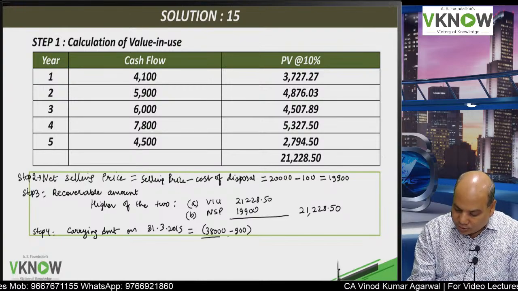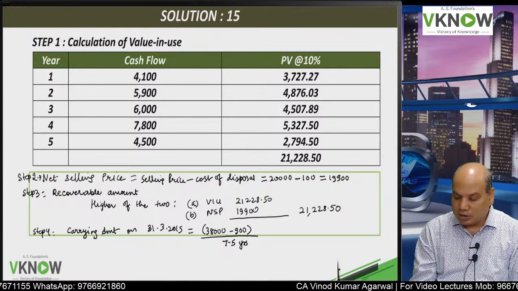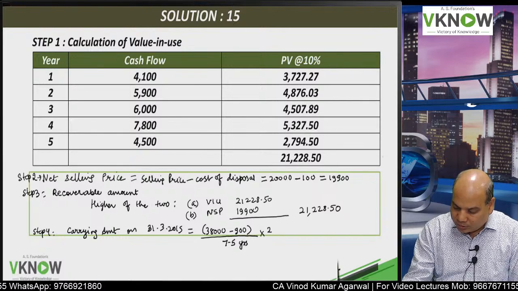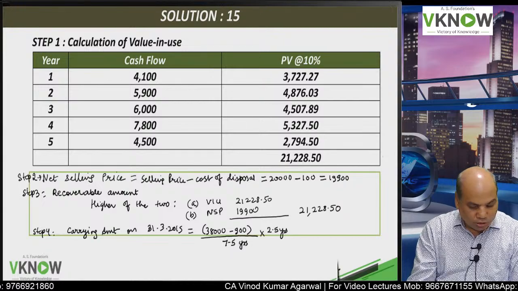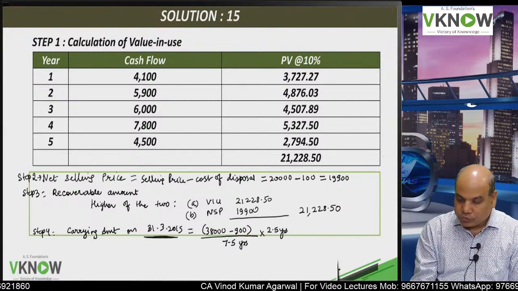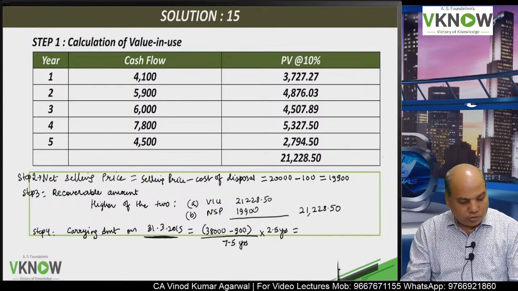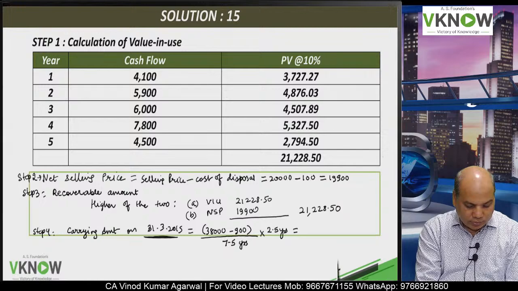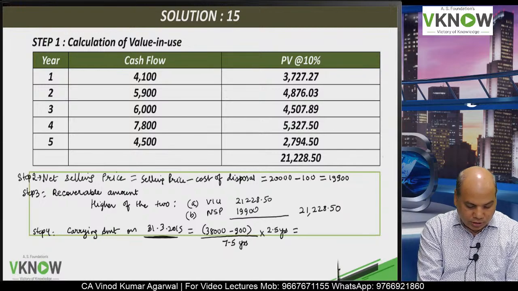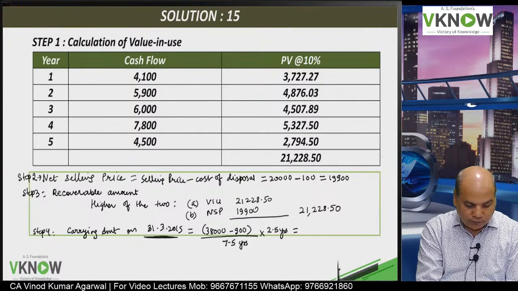Divide by 7.5 years for annual depreciation and multiply by 2.5 years. On 31st March 2015, 2.5 years are over out of 7.5 years. Therefore, the carrying amount will be 38,000 minus 900 divided by 7.5 equals 4946.66. That is annual depreciation into 2.5 completed years.